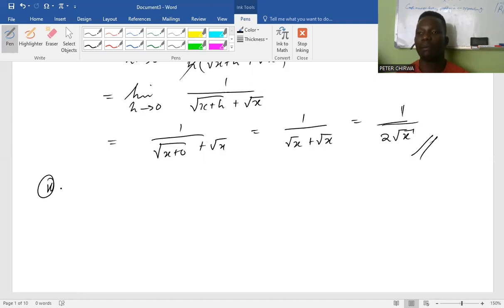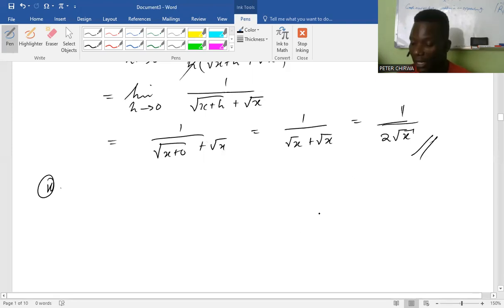So now remember that this first principle is basically giving us the gradient of the curve. Because you have a curve, and then you draw a tangent to get the gradient, how steep the line is.